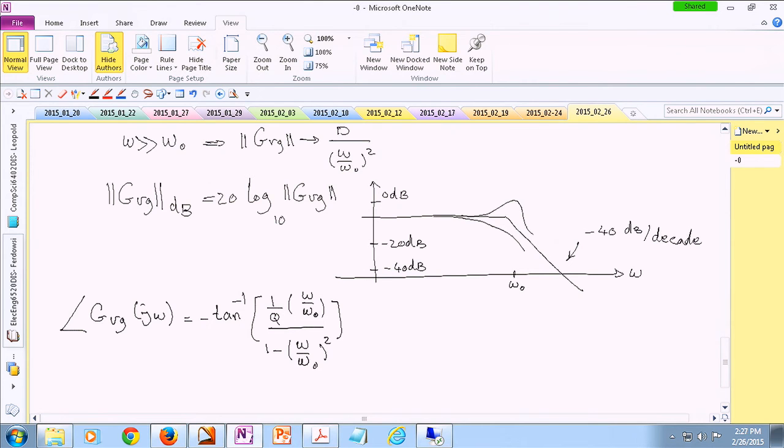Again, you can argue and see what happens if omega is too small, what happens if omega is too large, and you end up with this graph.